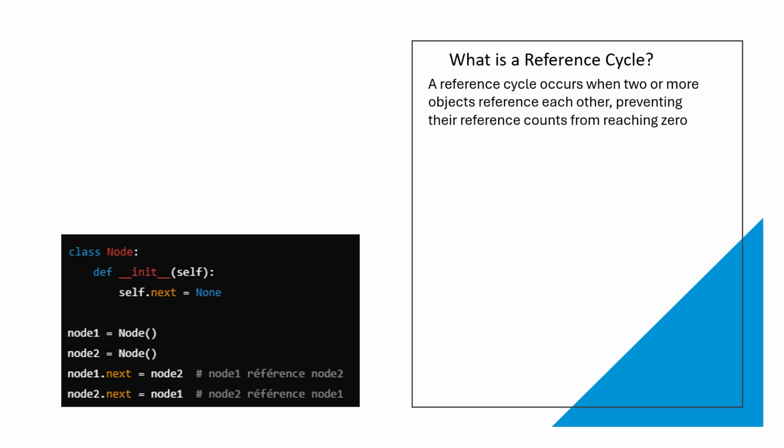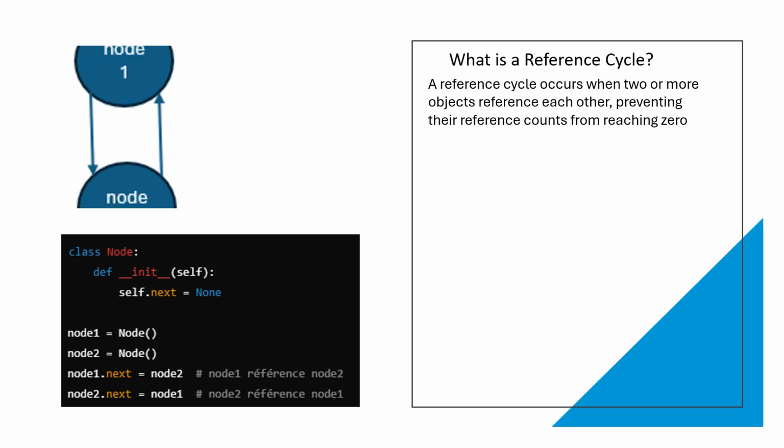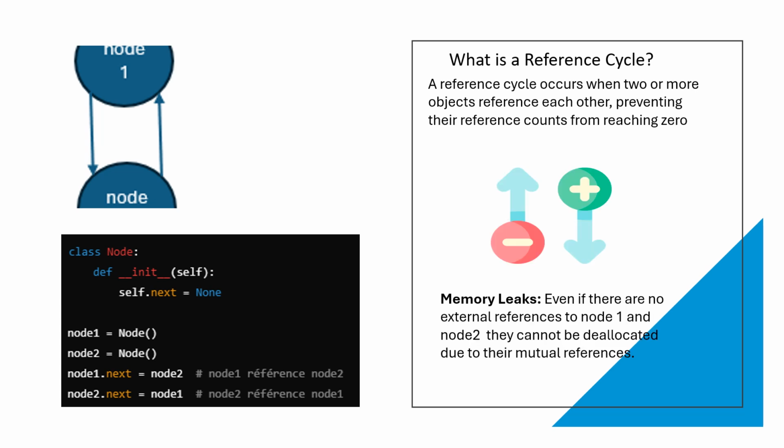This creates a circular reference. Even if there are no other references to these objects in the code, they will still stay in memory because they can't be freed. This shows a common challenge in managing memory, especially in programming languages that don't automatically handle cycles in reference.